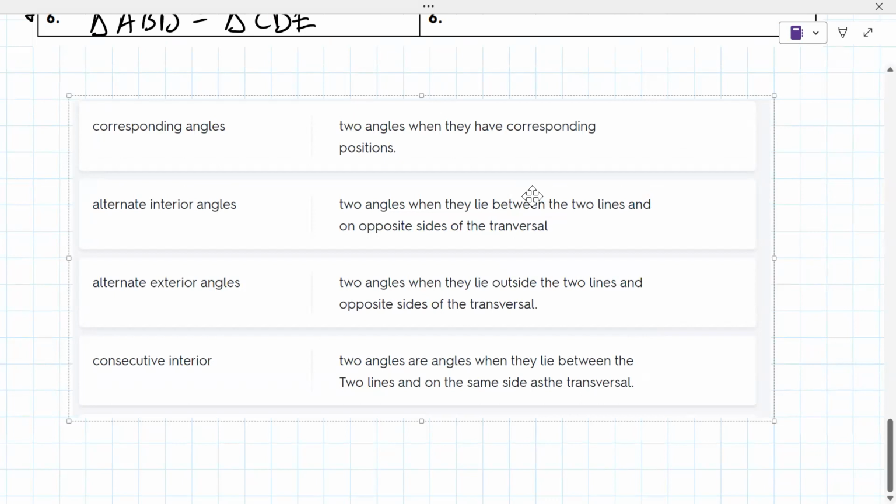They have corresponding positions. Corresponding.